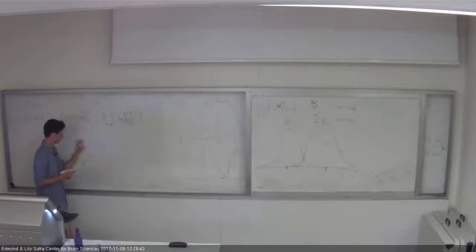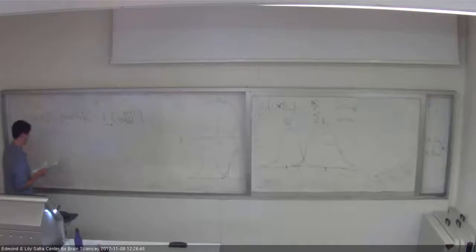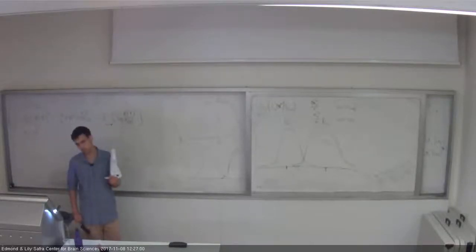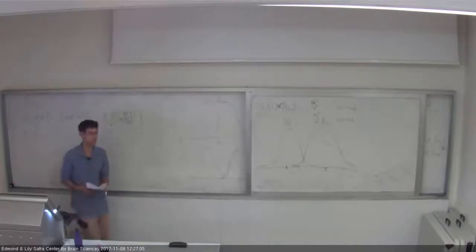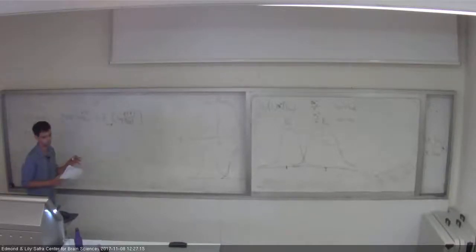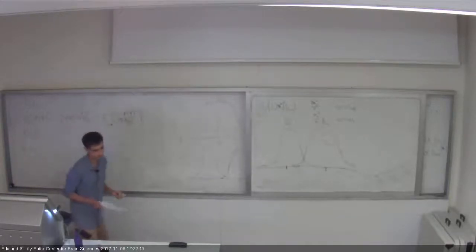Now let's see some properties. The first property is that the DKL is non-negative. I think Tali proved it here, right? When you write log, which base, the natural or 10?